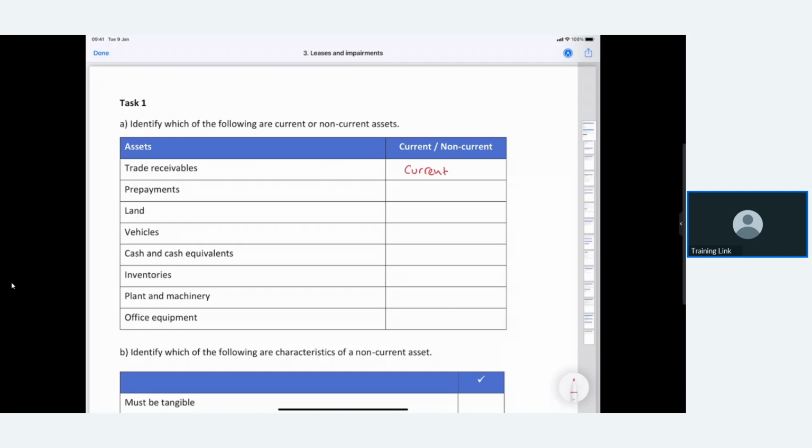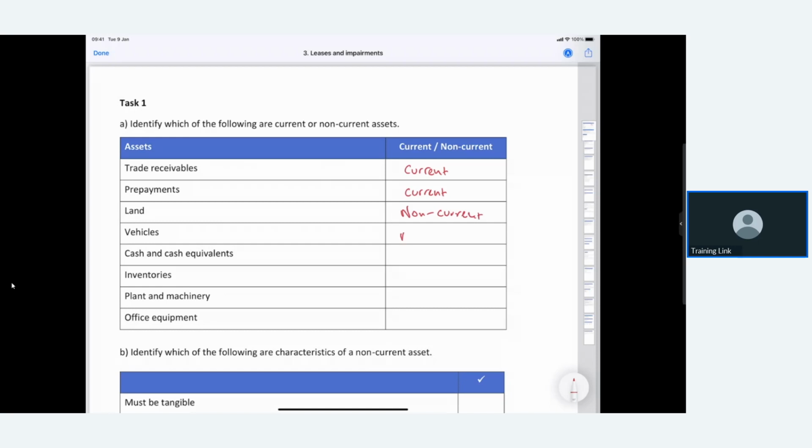Trade receivables, remember, are the amounts owed from customers. Prepayments, again, current, where we as a business have paid for an expense upfront that relates to a following period. Land would definitely be a non-current asset, as we expect it to be in ownership for more than 12 months.